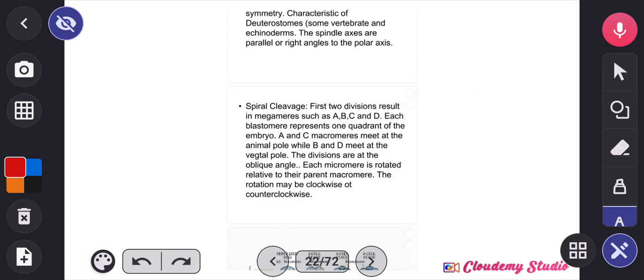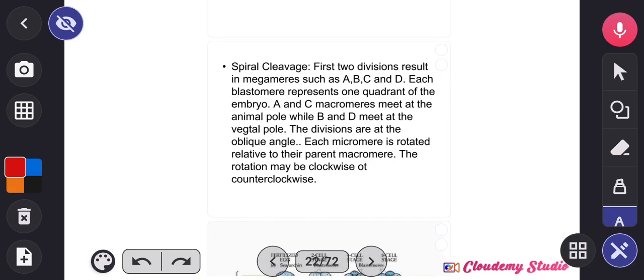Now this third one is the spiral cleavage. I'm trying to look for an image on this spiral cleavage. Spiral cleavage occurs such that the resulting daughter cells are not located exactly on top of one another. Instead, they are located at a slight angle.